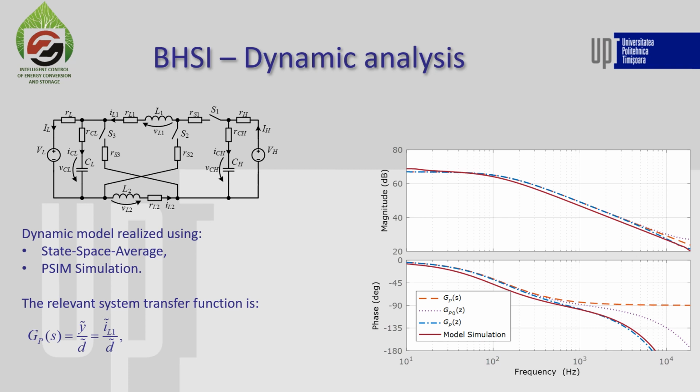Also, for the frequency response, the simulation contains a detailed model of the microcontroller. So this is the reason we have here multiple responses. First, we have the model simulation, and then on the top we have the frequency response of the SSA model in continuous time space, and then we discretize the model, and then finally we introduce the additional details also in state space average, so that is similar to the model simulation realized in PSIM software.